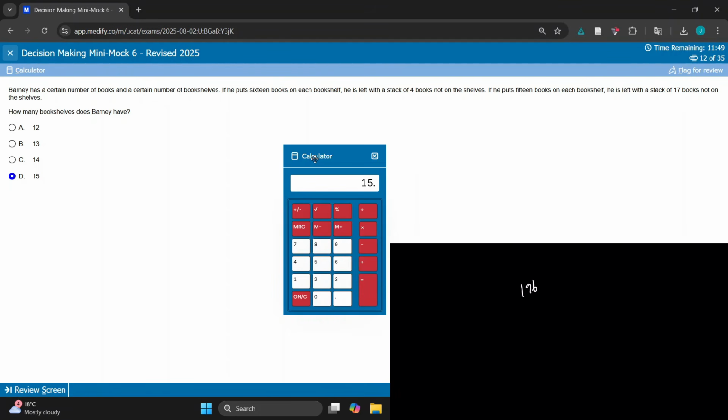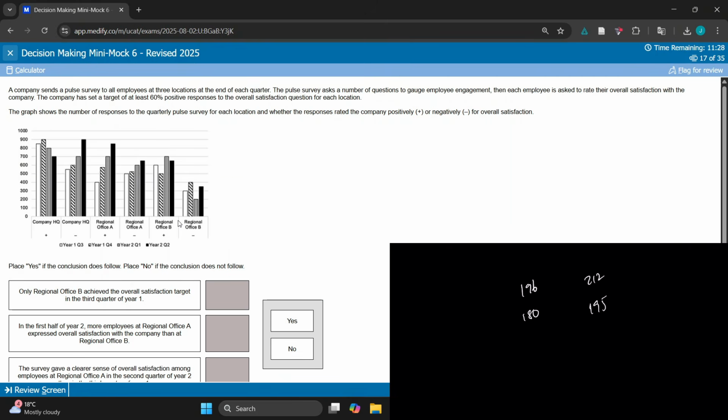So if he does 15 times 12, therefore he gets to 180. So there'll be 16 books left over. Sorry, 12 times 15. Okay, so then if it's 13 shelves, if he does 13 times 16, he has 212. And if he does 13 times 15, he has 195. So yeah, sorry, I did the maths wrong, so it must be 13.